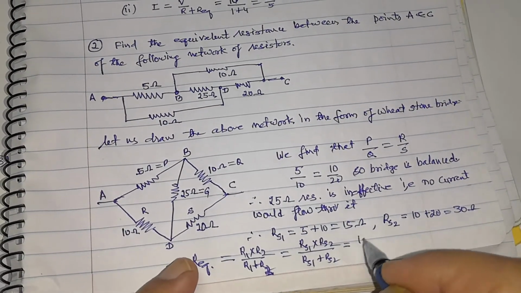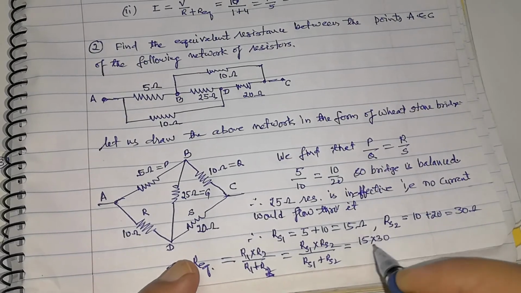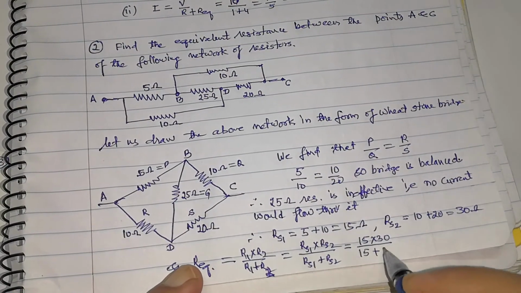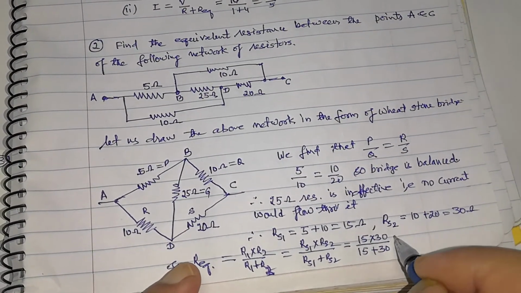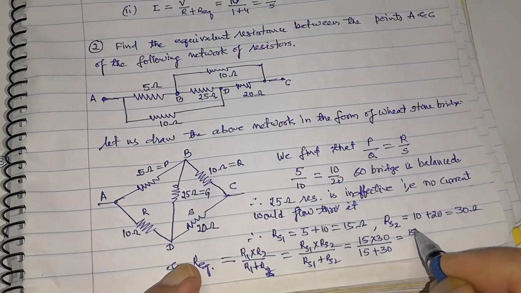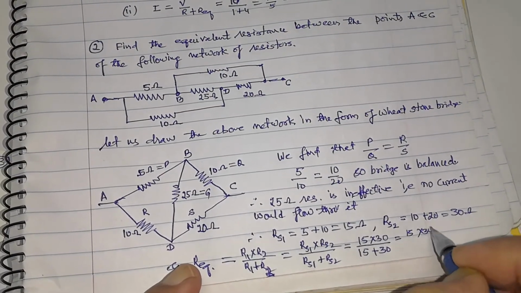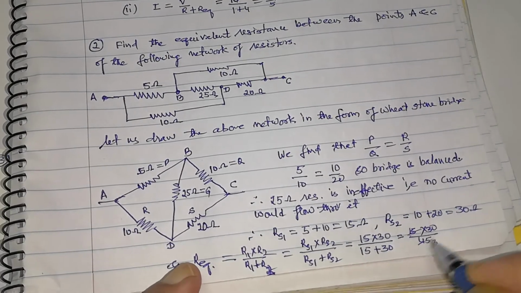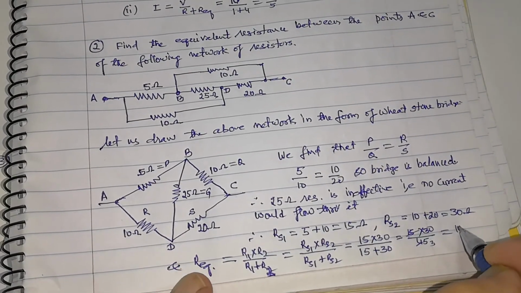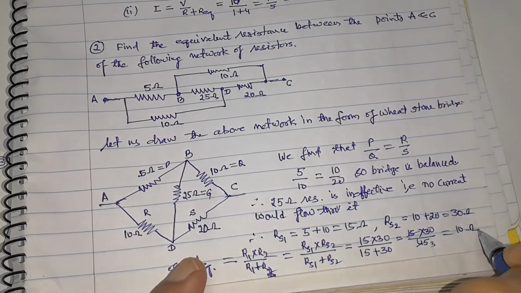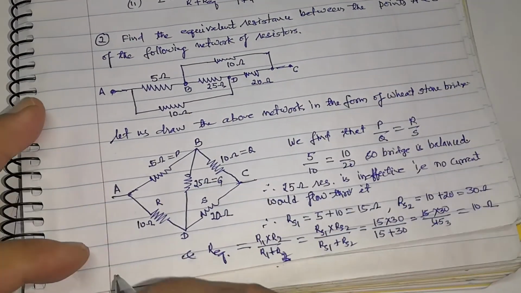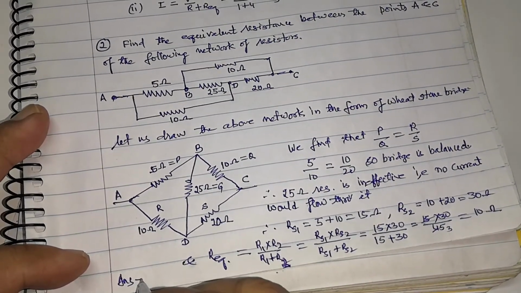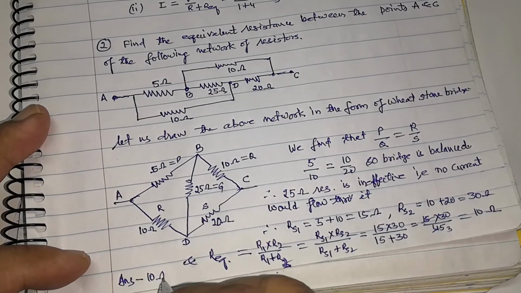That will be equal to 15 into 30 upon 15 plus 30, that is 15 into 30 upon 45, that is 10 ohm is the answer. So the equivalent resistance is 10 ohm.